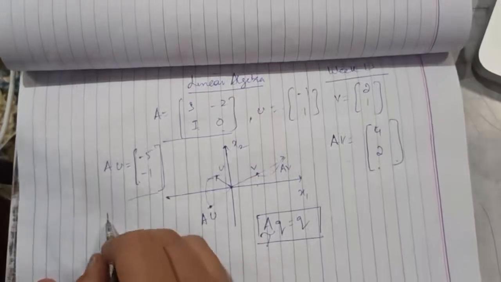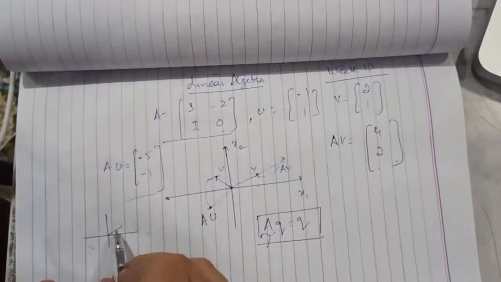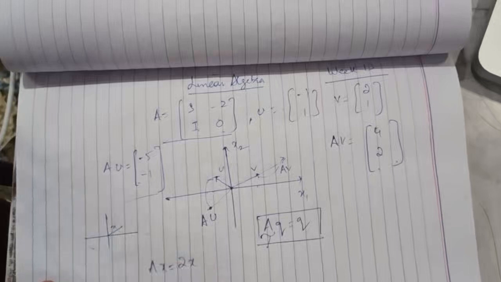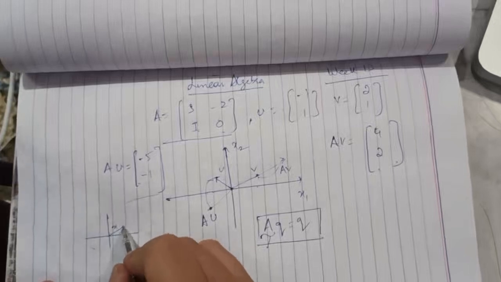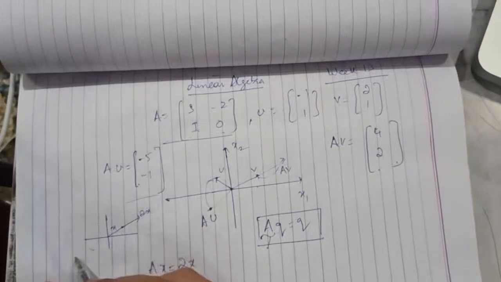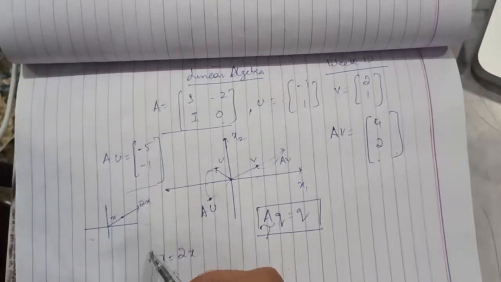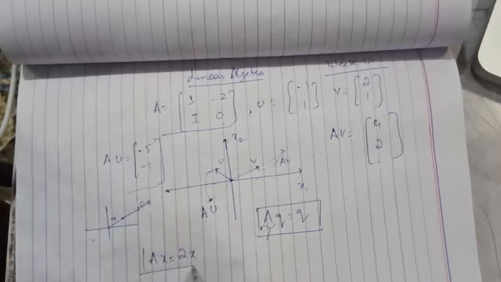So if x was here, and I multiply with A, it necessarily becomes 2x, right? So that transformation remains on the line. So any transformation that becomes nothing but a linear scaling of that vector.